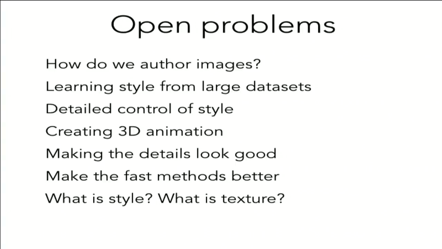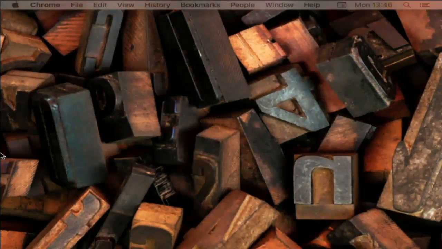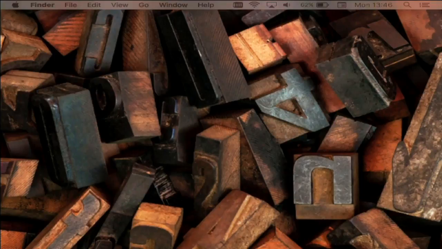There's not actually a short answer to that question. The neural stylization method doesn't actually involve any training. It uses pre-trained networks.